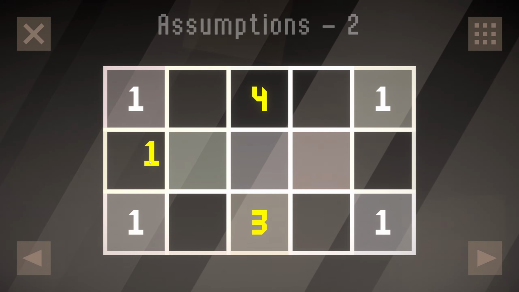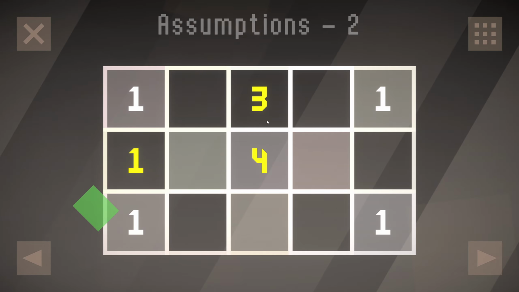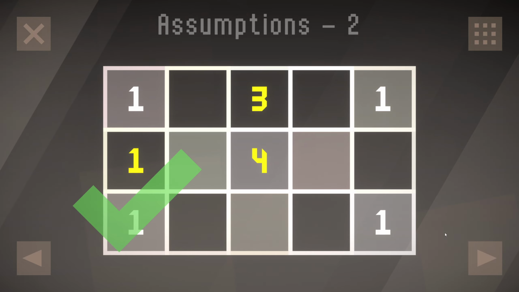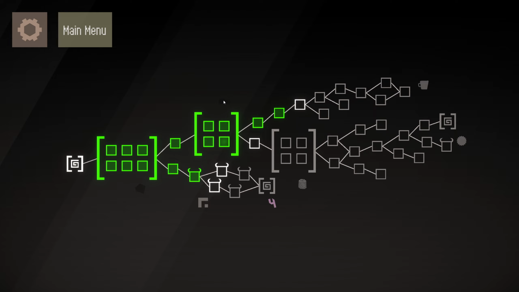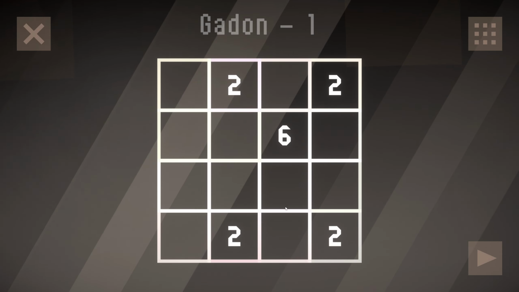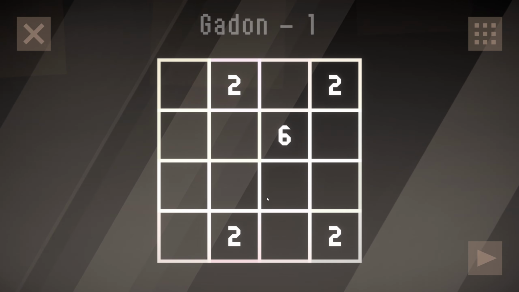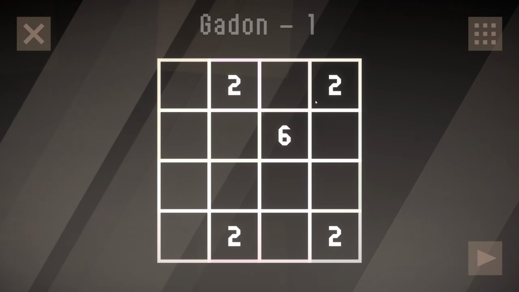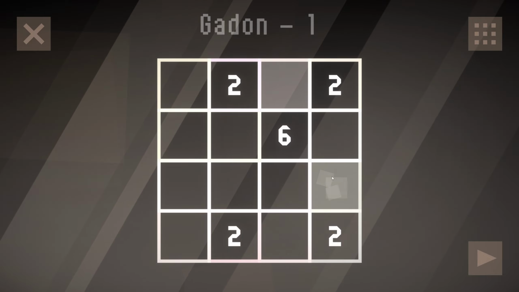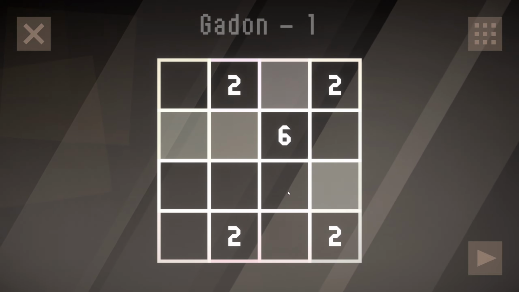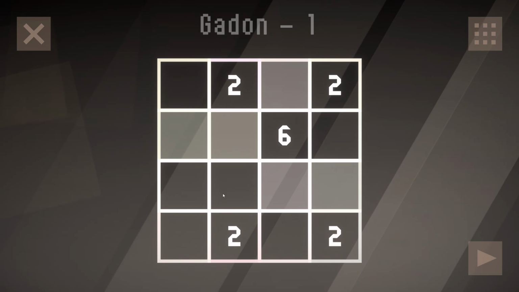Oh, wait. There's 1. There's 4. There's 3. Thank goodness. So that got me out here, got me that gem there, the little cloud. Then I worked up through here. This was not bad at all. I just had to make sure I was separating the 2s.